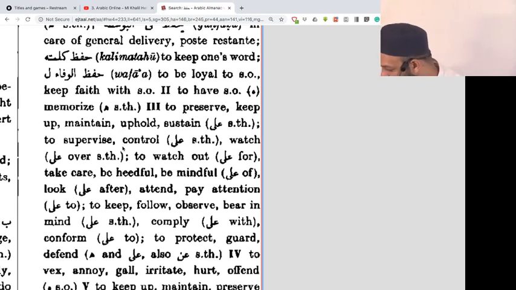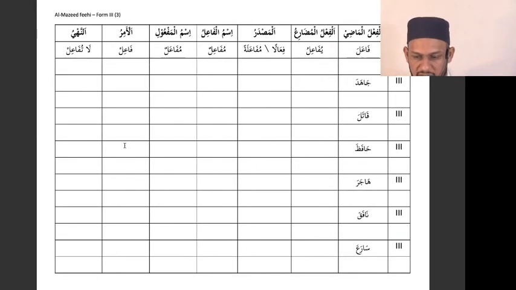So hafidha would have a similar meaning on the third bab as the first bab, which means to protect and hold and sustain. But you could probably add extra connotation of doing it with someone else. So there's some degree of mutuality in it. So hafadha means he protected, yuhafidhu, he is protecting, hifadhan, protecting, muhafiz is a protector, muhafaz is that which is protected. Hafiz, protect, la tuhafiz, don't protect.